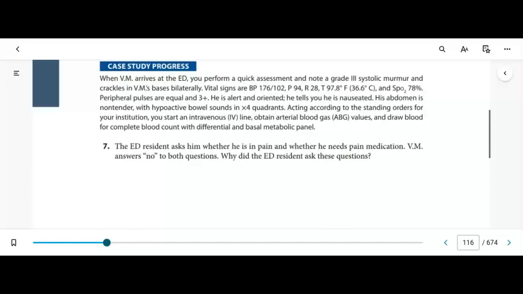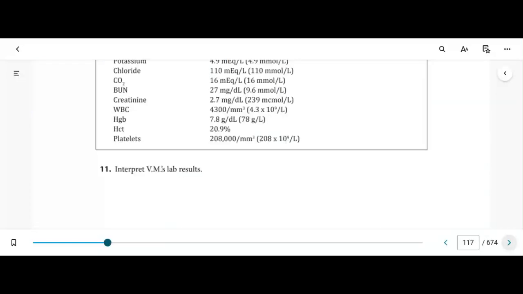We're skipping that. So you see the BUN and creatinine? Are those normal? Anybody know?